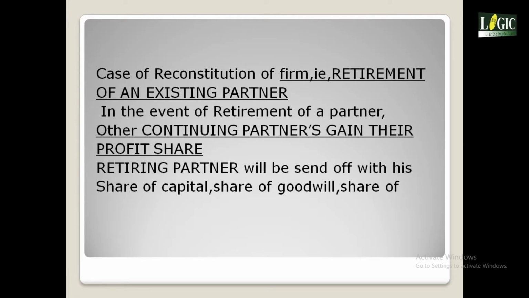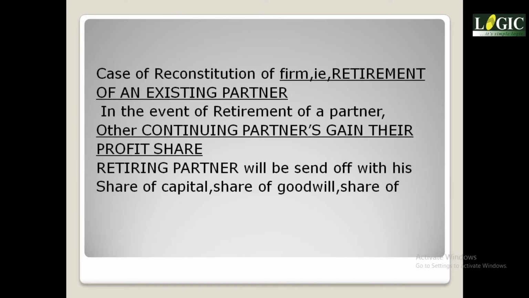Now A and B alone are there. So what happens? A and B will be sharing in 1:1 ratio. So in the case of retirement, the remaining or continuing partners will gain and not sacrifice, gain in their profit sharing ratio.